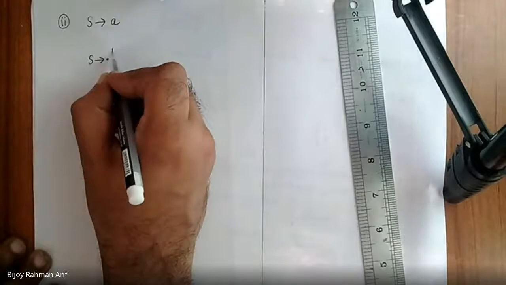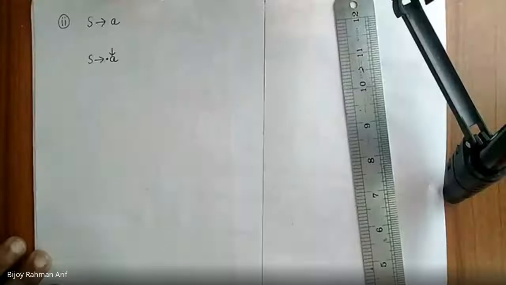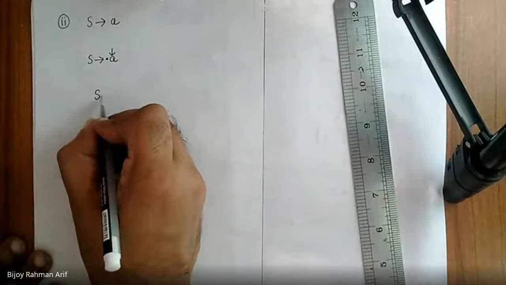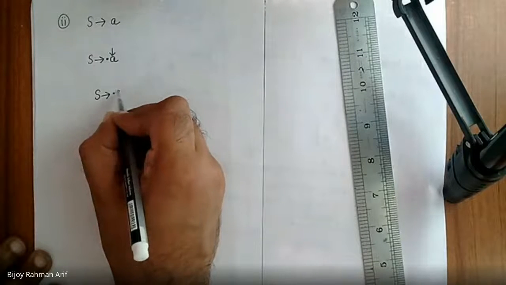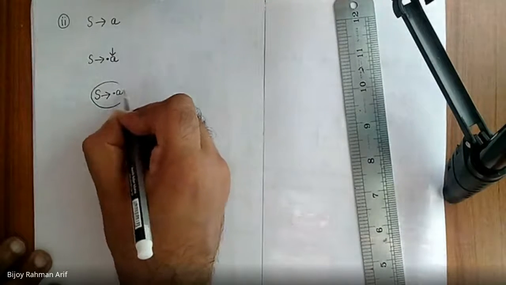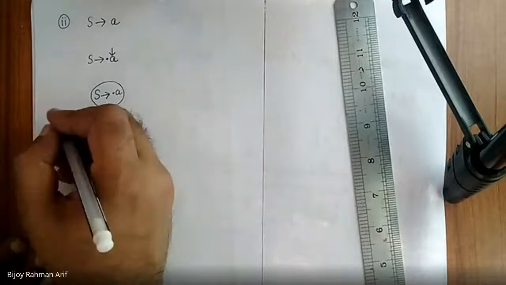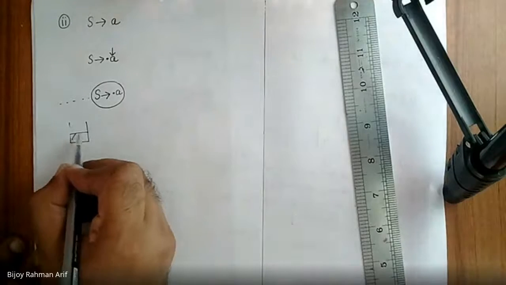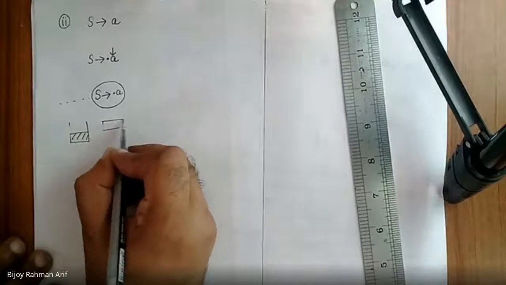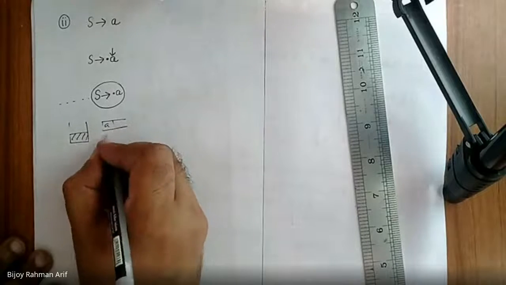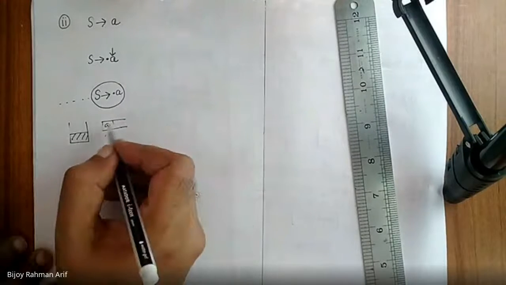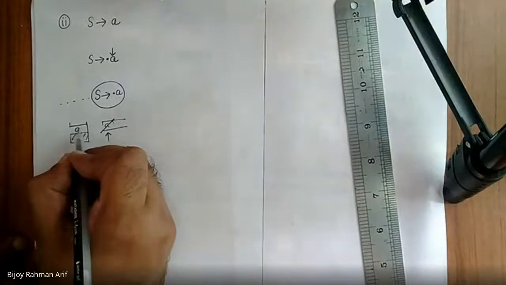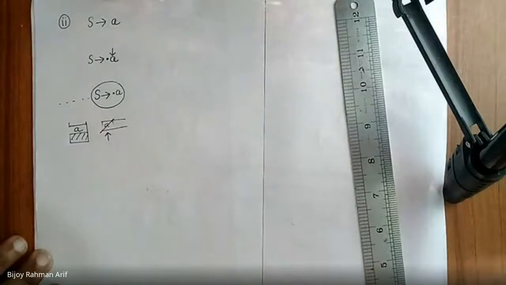I'm seeing an A, a terminal. So if you consider like this, this is my state. Let's assume I have come to this state from somewhere. Now I have something in the stack, and right now in the buffer I'm encountering a, which is a terminal. Then just remove this terminal from the buffer and put it inside the stack. This is nothing but GOTO. Did you get it? This is called GOTO.